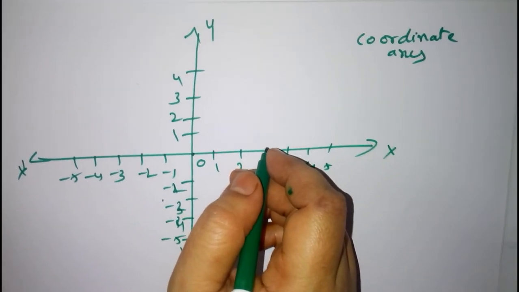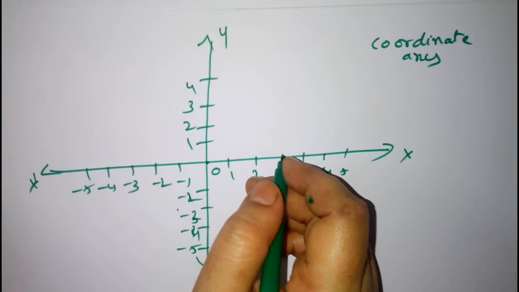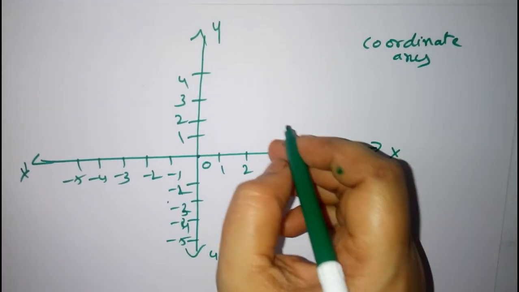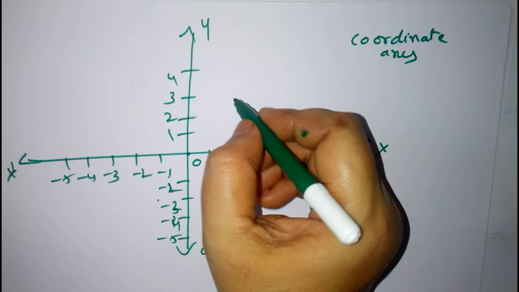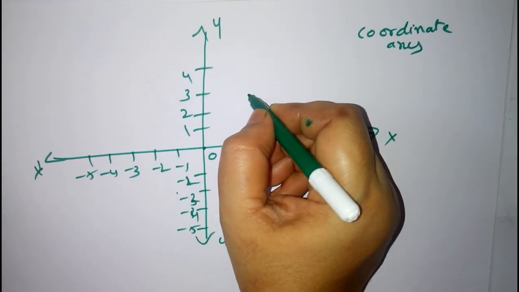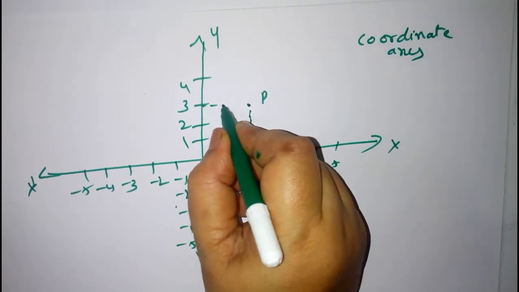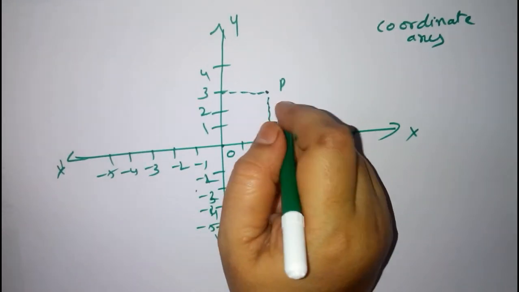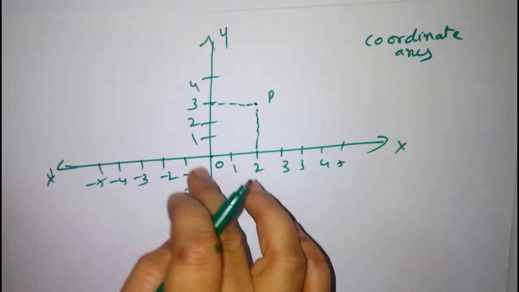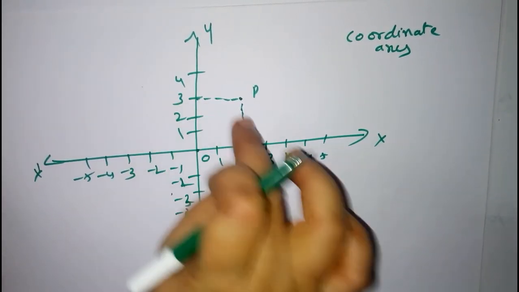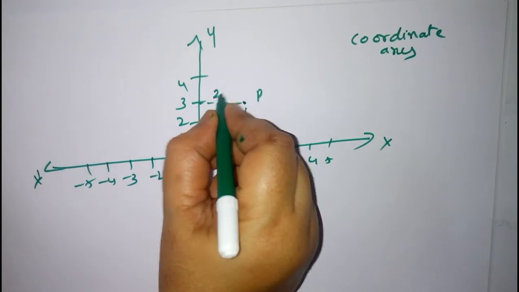The distance of a point from the y-axis is called its x-coordinate or abscissa. Suppose you take a point P. The distance from the y-axis to this point is how many units? 2 units.